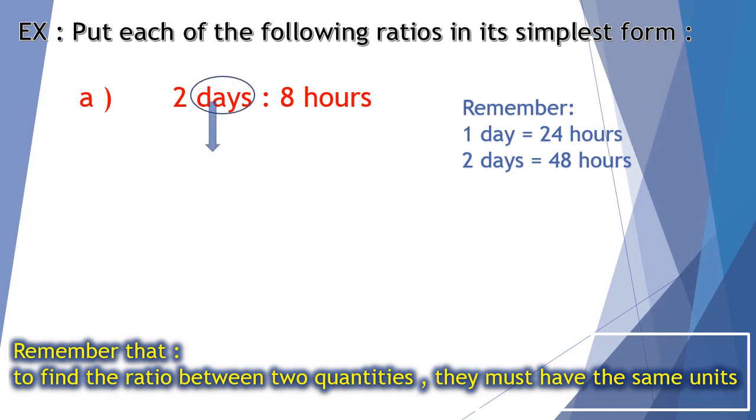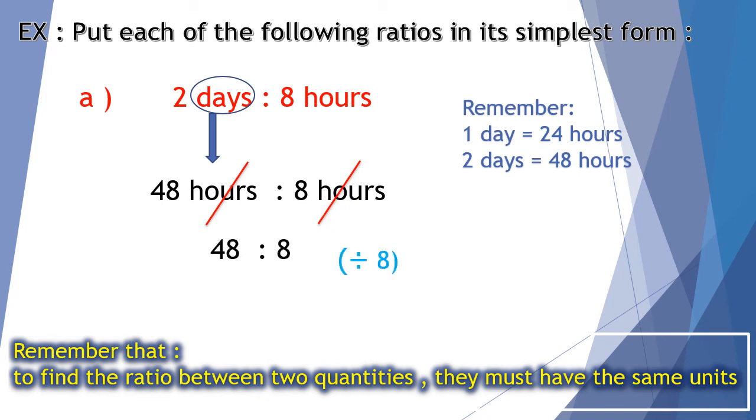We can write the ratio in simplest form by dividing the two sides by 8. 48 divided by 8 equals 6. And 8 divided by 8 equals 1.